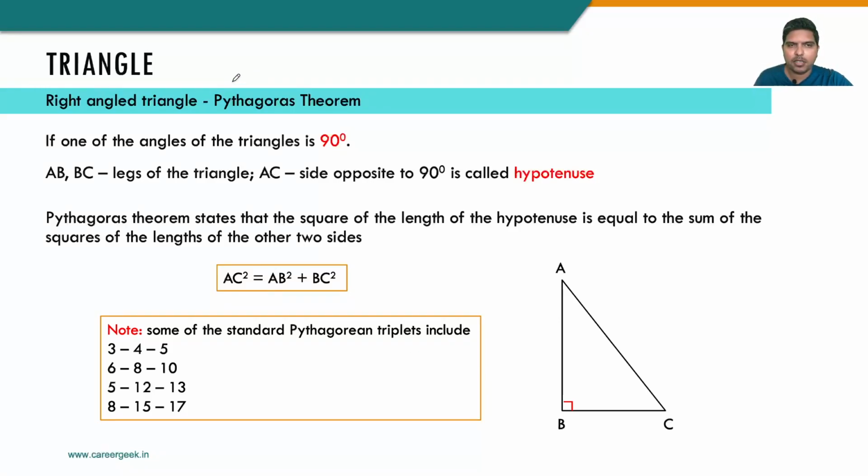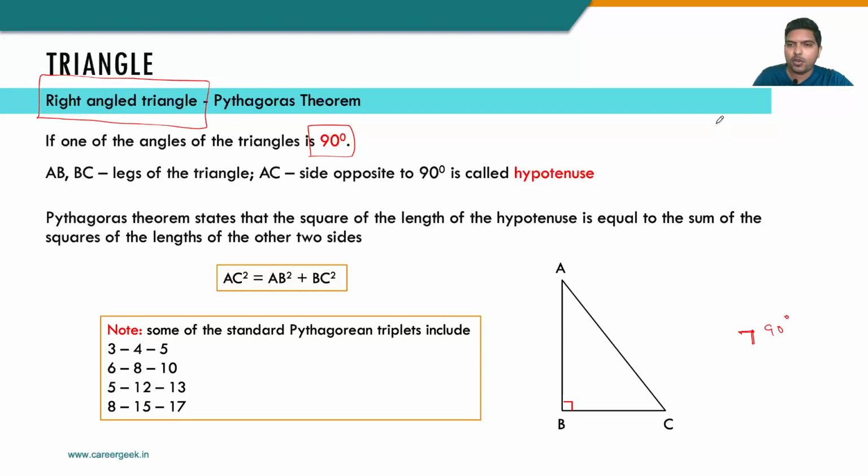Important concept, Pythagoras theorem. Most of you would be knowing this already. For Pythagoras theorem, the triangle has to be a right angle triangle. Okay, one of the angles of the triangle is 90 degrees. And how do we represent this 90? By this sign. This is the angle represented for 90 degrees.